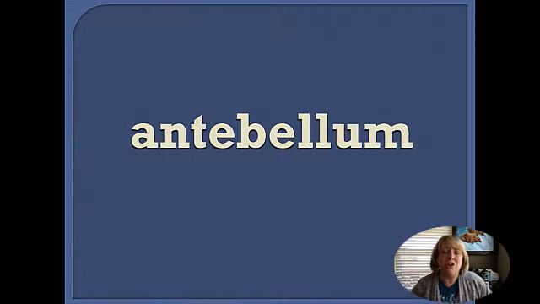Now, when we say the term antebellum, antebellum typically means the time period before the war. And when we're looking at American history, you could make the argument that it means the period before every war we fought in, but typically and generally almost all the time when they talk about the antebellum time period, they're talking about prior to the Civil War.